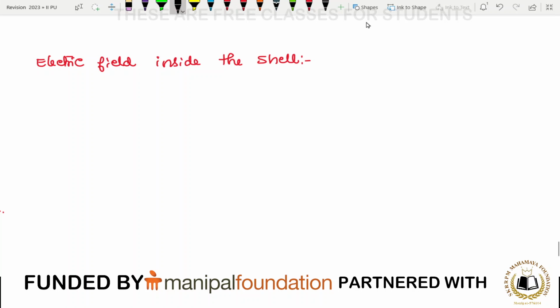Okay. So I'll take one sphere, the same sphere. This is positively charged. Same sphere, but I have drawn it a little bigger here.